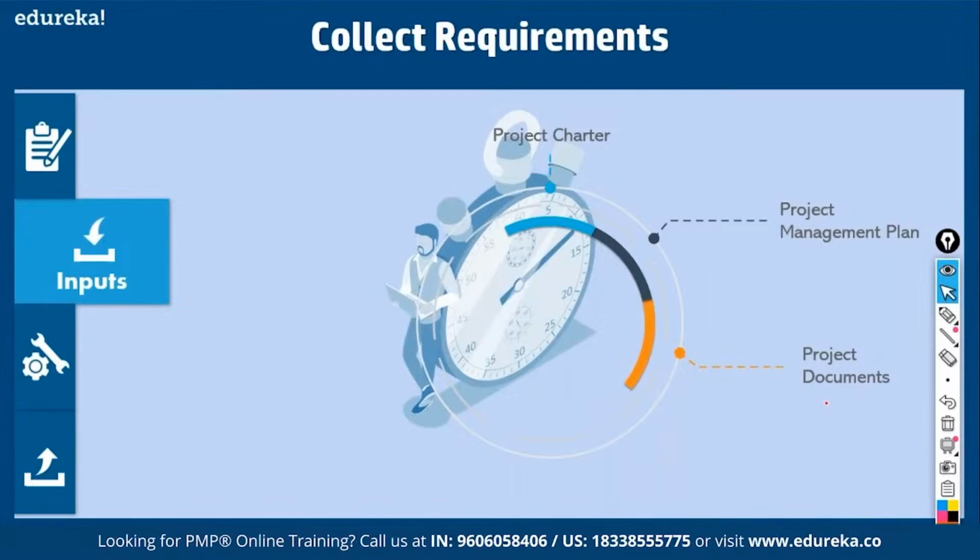That will guide you. Then you have a plan called the benefits management plan that tells you how to manage benefits. So there are a lot of project documents, and these will guide you in collecting requirements. For example, you are collecting requirements for an operational department for a process flow. To understand the process flow, you have a process flow chart. That is a document. So project documents are also an input.